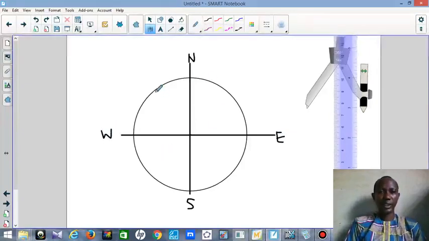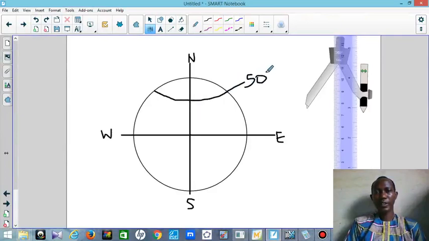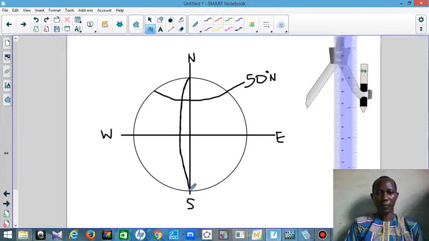Then when you are through with this, locate point P and start your solution. You label this 50 degrees north, then 60 degrees west is on this side.